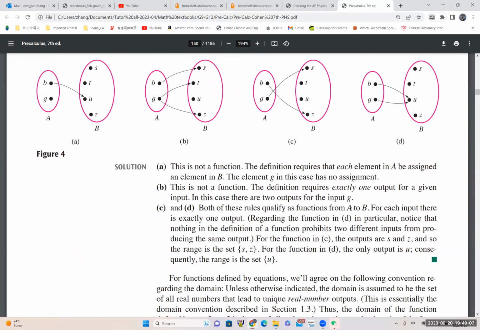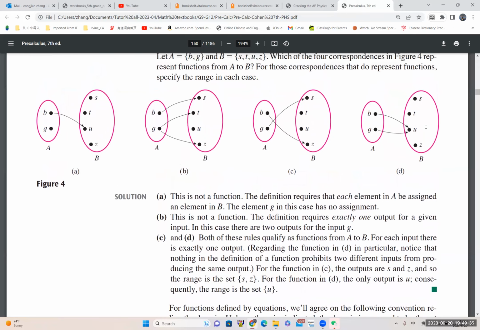The outputs are S and Z, and so the range is this. Quantify as a function from A to B. Yeah, but I just think it's a little bit strange.